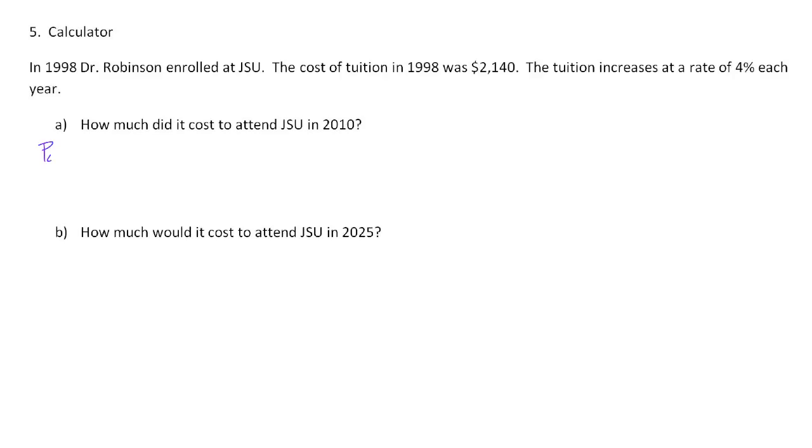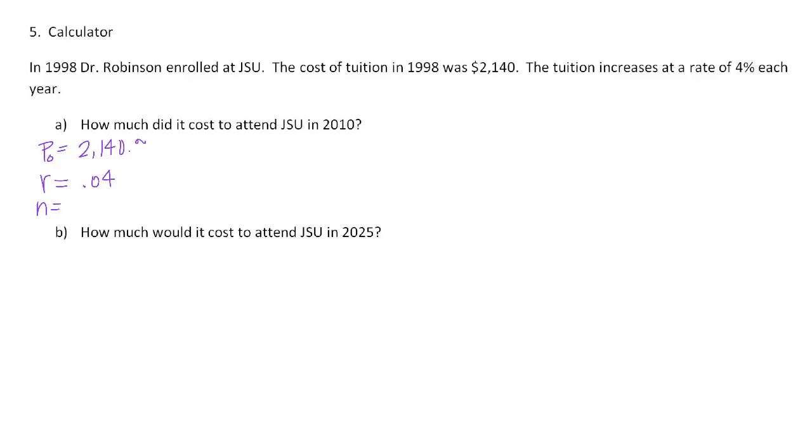So her initial value was $2,140. And I think we were given a rate here. What was our rate? The tuition increases at a 4% rate each year. So our rate, 4%, so that's 0.04.